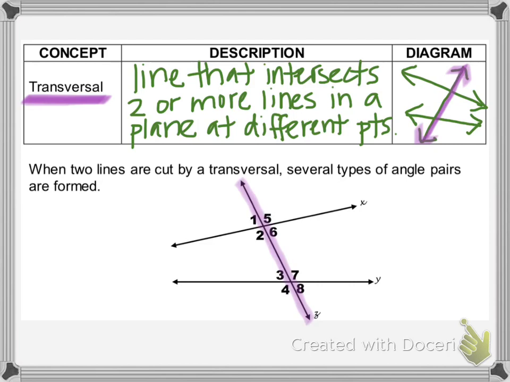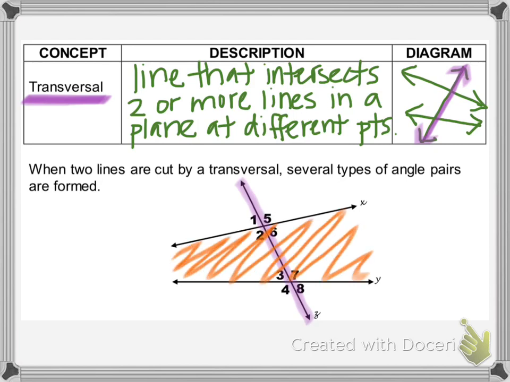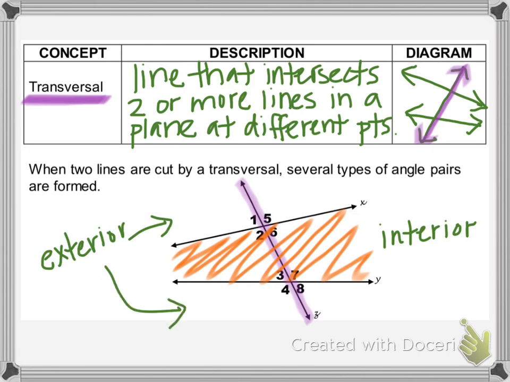All right, this part between the two lines, this is called the interior, which makes sense. Interior means inside. We use that word when we are talking about angles as well. And then the part that is above line X and below line Y, that is called the exterior. It's on the outside. So that's this area up here and this area down here.